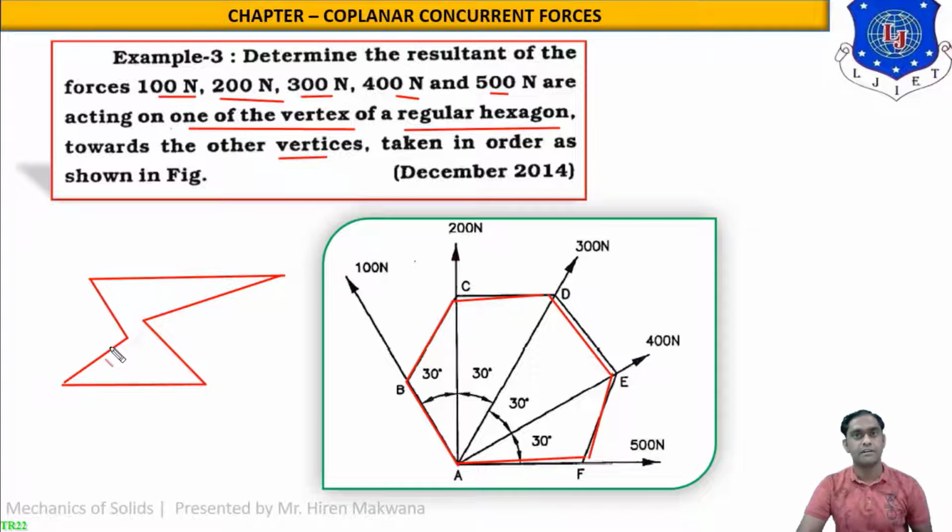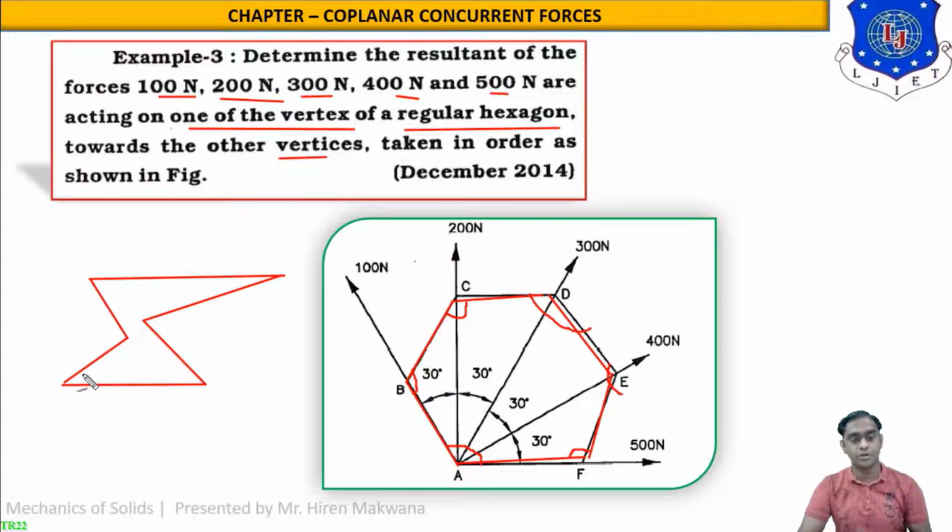Why? Because in a regular hexagon, the angle between each 2 sides should be equal. Remember carefully, the angle between each and every side should be equal, like this. You can see in this figure, this angle, this angle, this angle, this angle, this angle and this angle, all the angles should be equal.